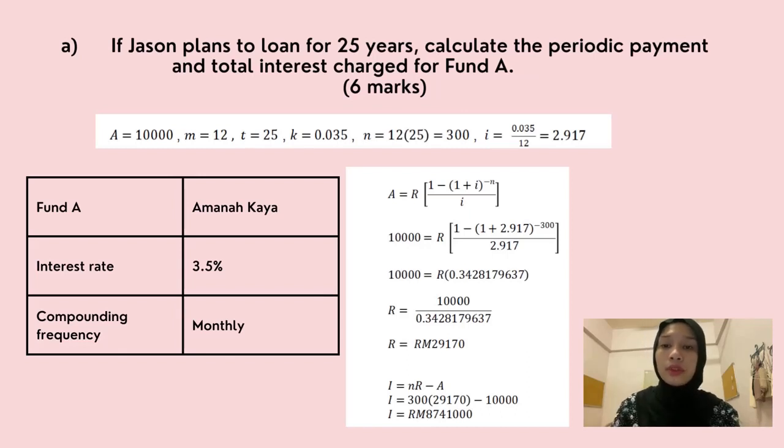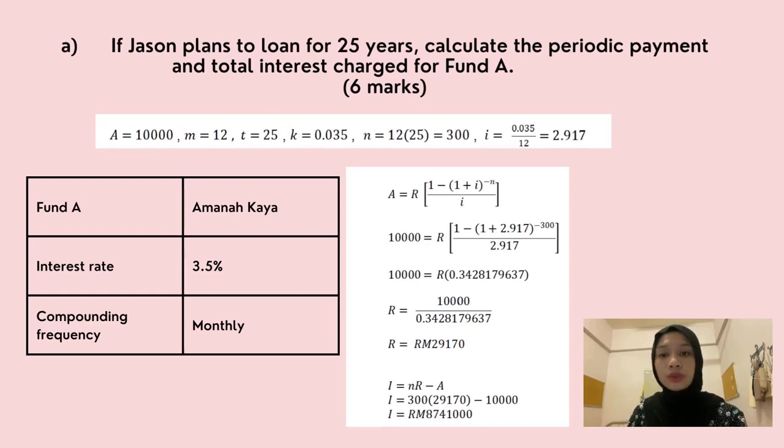So it becomes 10,000 equals R, open bigger brackets 1 minus small brackets 1 plus 2.917, close brackets, power minus 300, all divided by 2.917. First, we must complete the brackets. So the answer is 0.342817967.